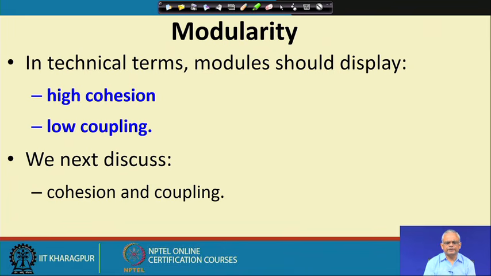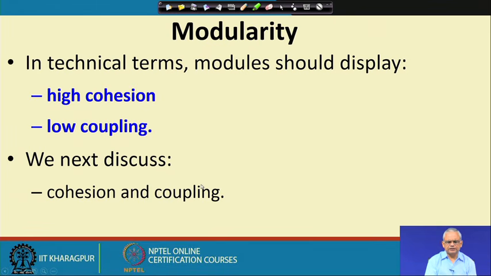Let us try to give a more precise characterization of what a modular design is, and we will do that in terms of two concepts. One is called cohesion and the other is called coupling.